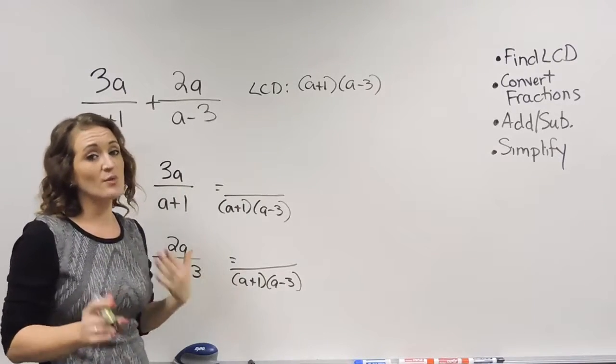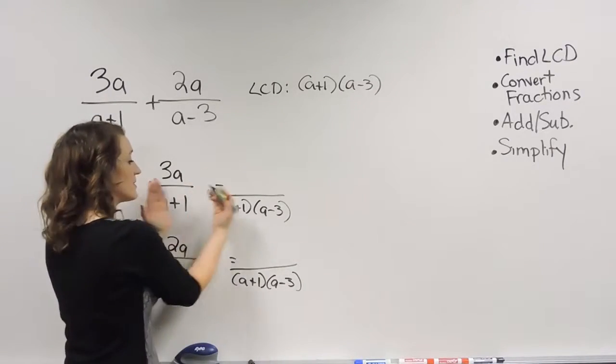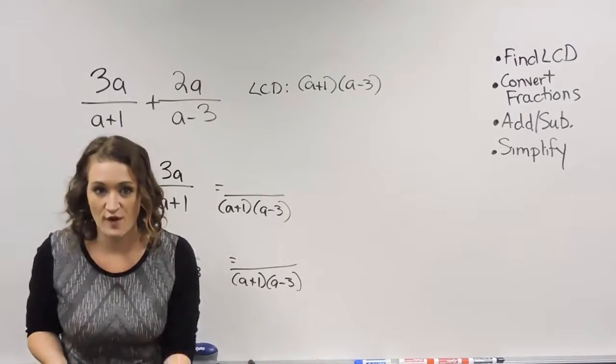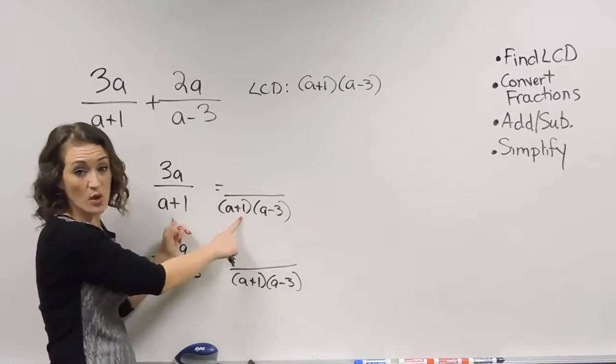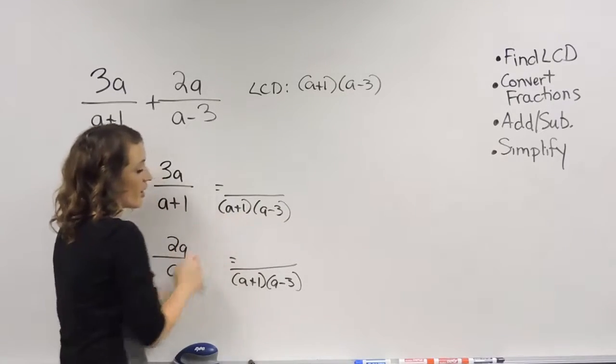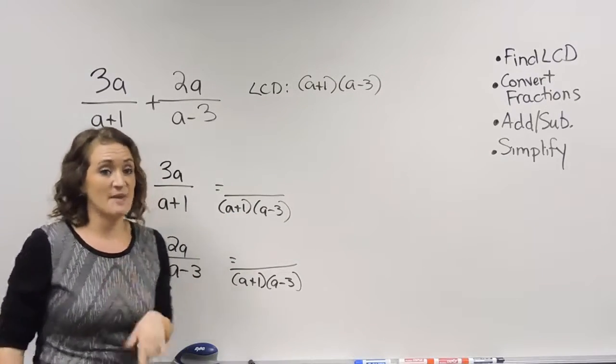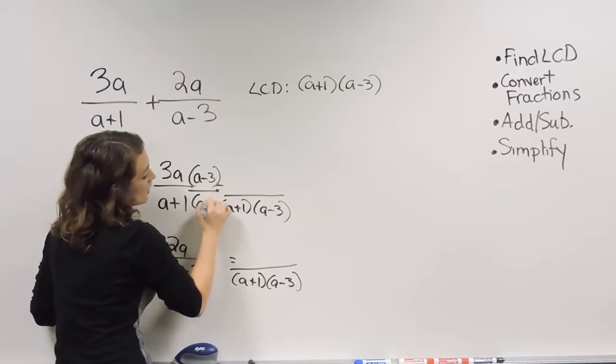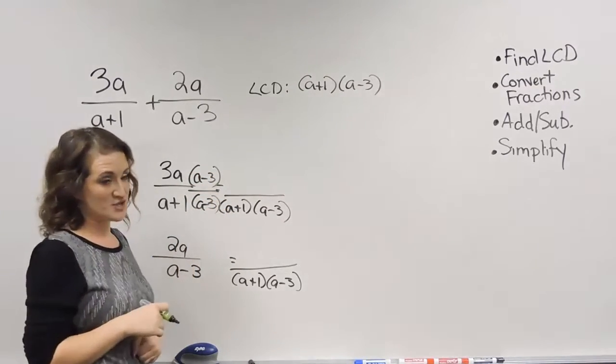We need to multiply by what is missing. We have the a plus 1 already, but what we need is the a minus 3. So we're going to multiply top and bottom by a minus 3.